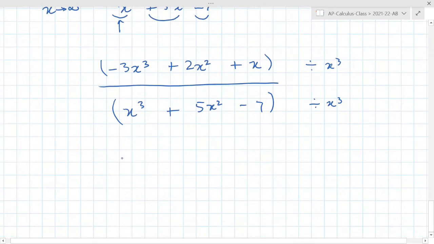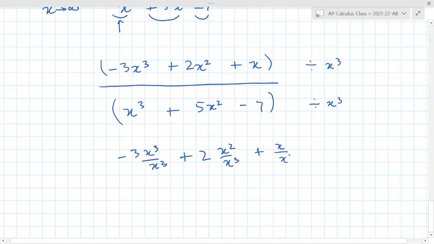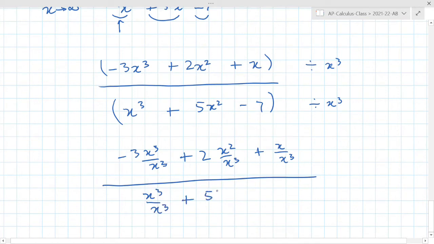So this becomes negative 3x cubed over x cubed plus 2x squared over x cubed plus x over x cubed, and here x cubed over x cubed plus 5x squared over x cubed minus 7 over x cubed. I'm just manipulating it to bring it to a form that will be easy for us to use. I just divided the numerator and denominator by the same thing, which is x to the power of the highest power in all the terms.